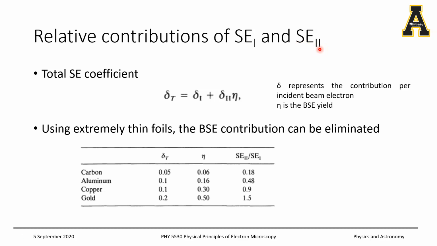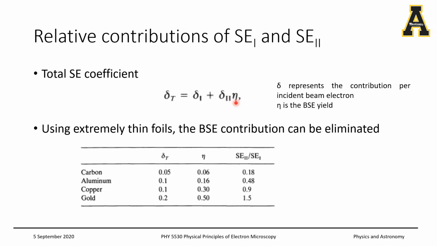And you can essentially, in a very simplistic form, write the total secondary electron emission coefficient as a sum of the secondary electron coefficient from SE1 plus the secondary electron coefficient from SE2 times the yield of the backscattered electrons, right? Because this yield delta 2 from the secondary electron 2 is directly correlated to the yield of the backscattered electrons itself.